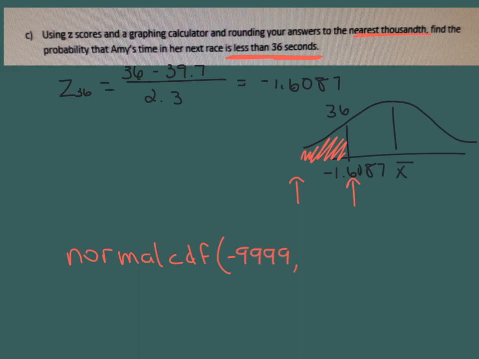Our upper bound is negative 1.6087, because we want everything up until 36 seconds. In the calculator, go to second bars, scroll down to normal CDF, choice 2, plug in your lower bound and upper bound, and you get 0.054. So there's approximately a 5.4% chance that her race time will be less than 36 seconds.